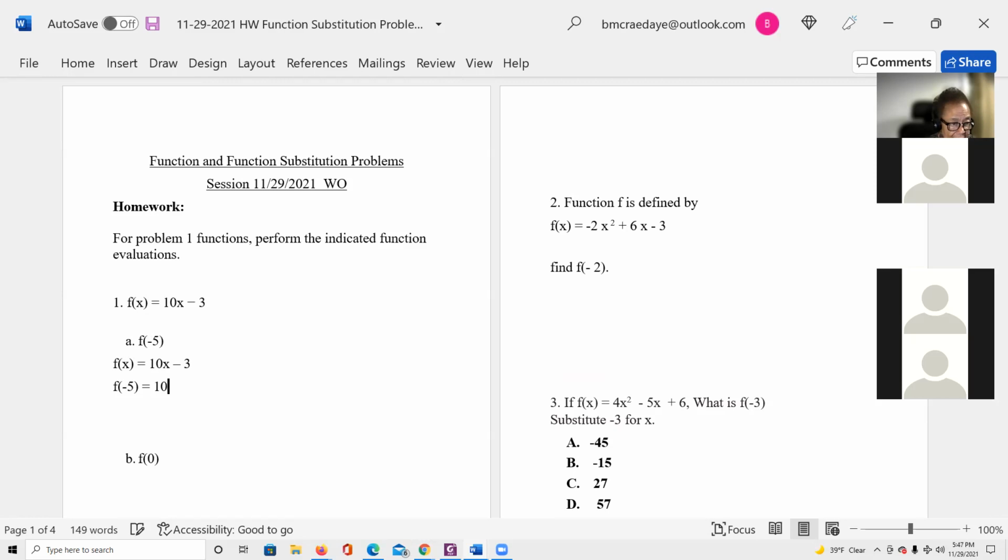Now, wherever you see the x, you're going to put what? The -5. So we put -5, and that would be minus 3. Audrey, is that clear? The substitution? Okay, so for f of -5, let me just copy that. You tell me what to write.